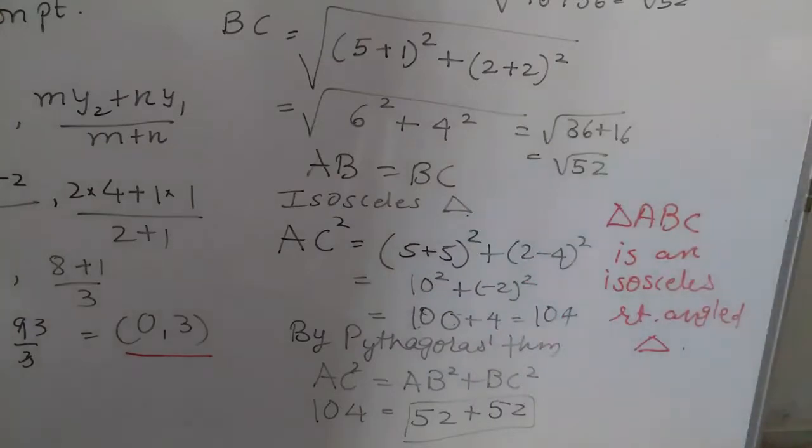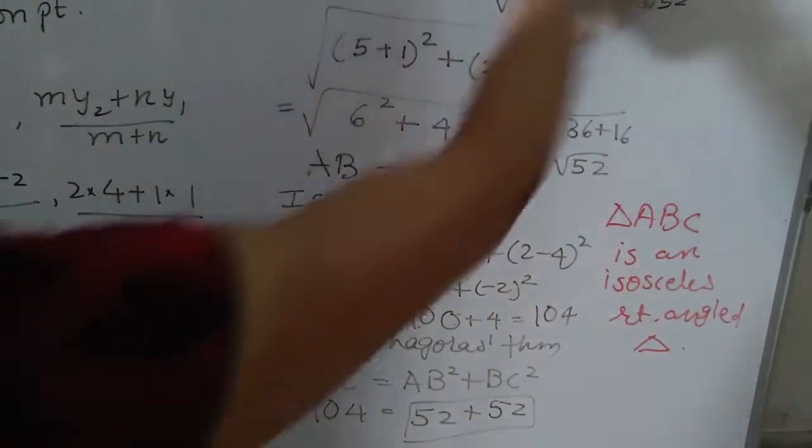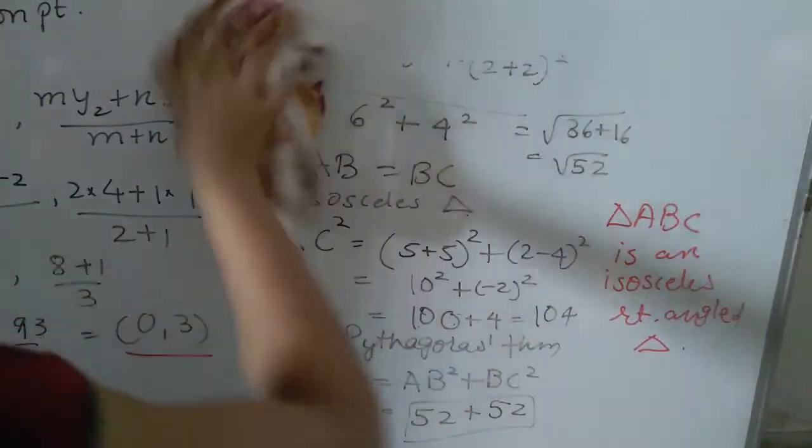Also we have to find the coordinates of D, so that it forms a square. For that, students, according to our square property, the midpoint of AC, the diagonal of the square, is the same as the midpoint of BD, the diagonal.